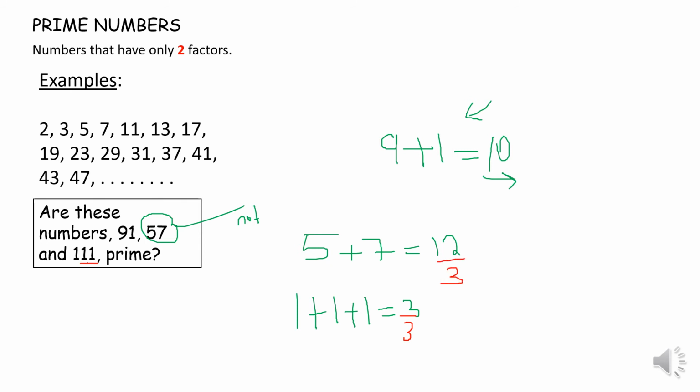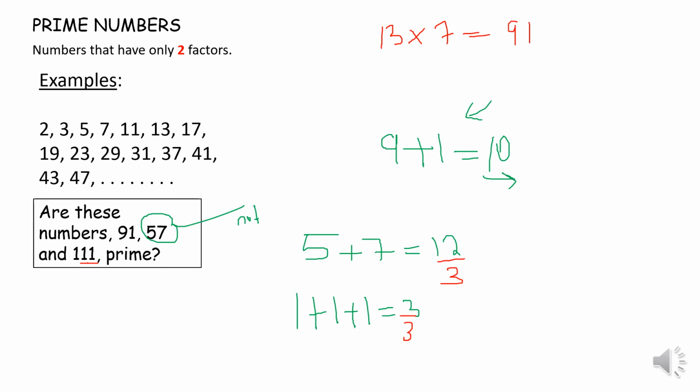But here's the thing about 91, and I purposely put it here. 91 requires you to know your times table. If you go on the 13 times table, you will realize that it is not prime. So sometimes you have to go out a little bit, but you do not memorize this.